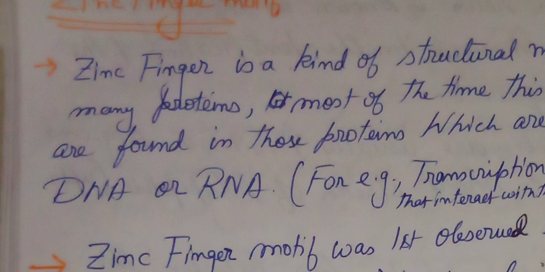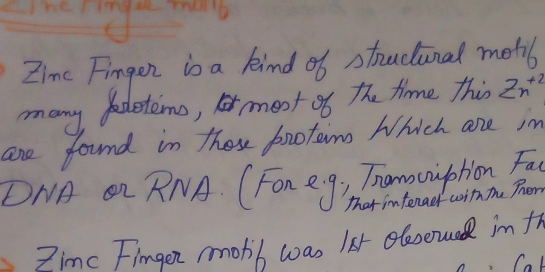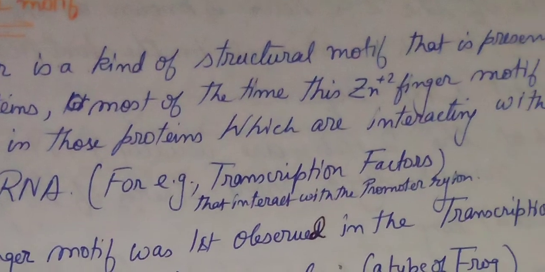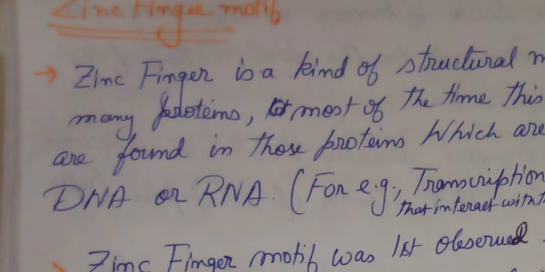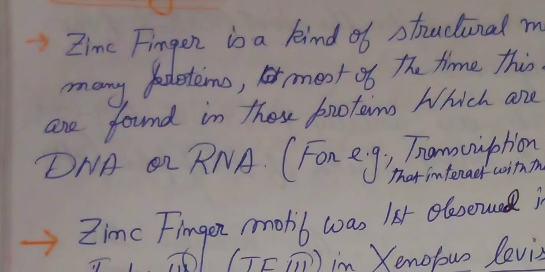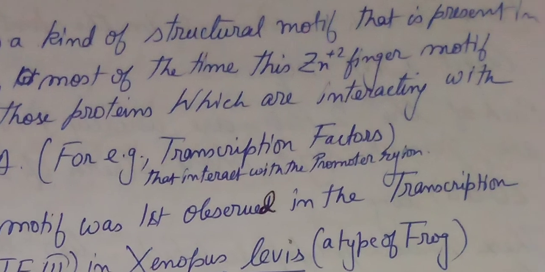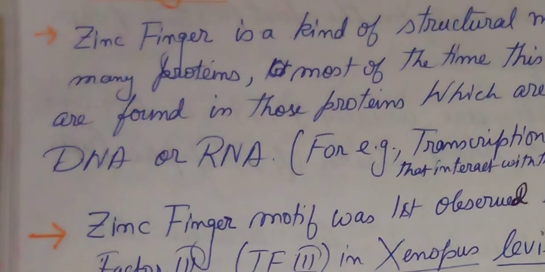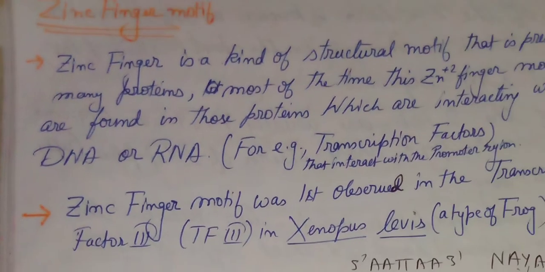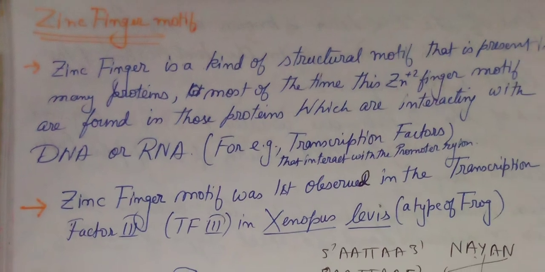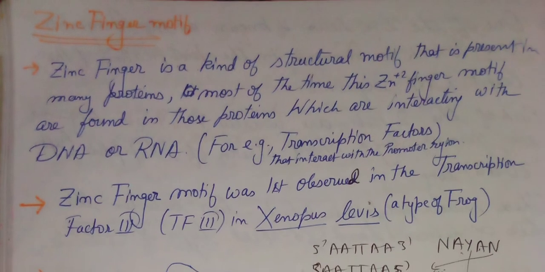Most of the time, this motif is found in proteins which interact with DNA or RNA, like transcription factors that interact with the promoter region.